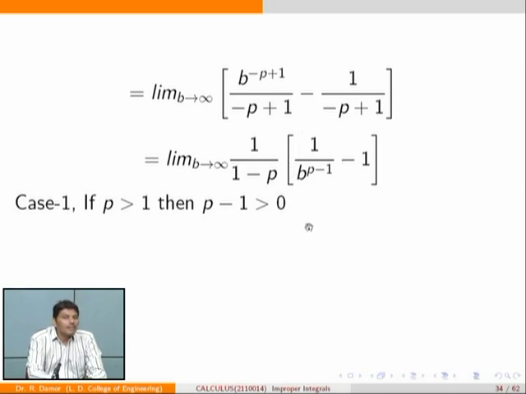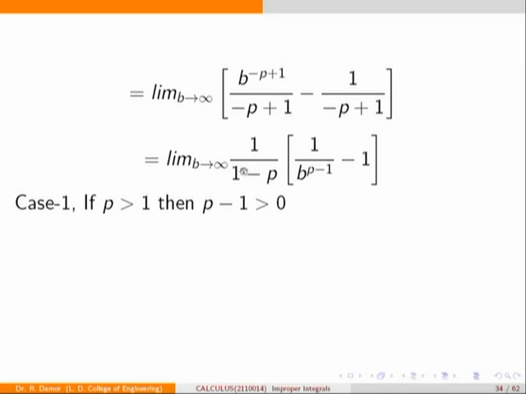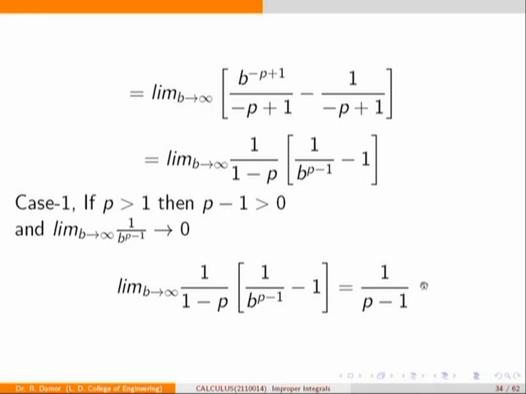So the only remaining part is minus 1 upon 1 minus p, which can be rewritten as 1 upon p minus 1, taking the negative sign common so that the negative signs cancel out. So this goes to 0, and this is 1 upon p minus 1, which is some fixed number. So when p is greater than 1, it goes to some fixed number.